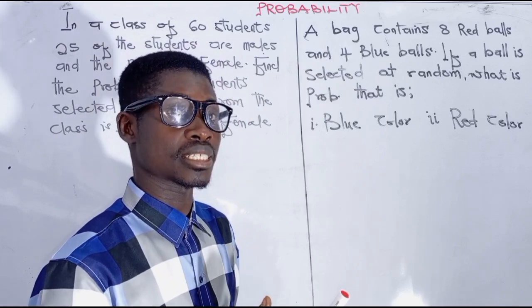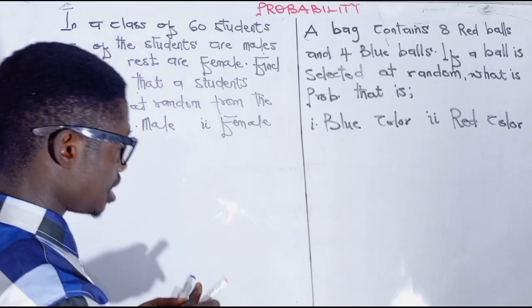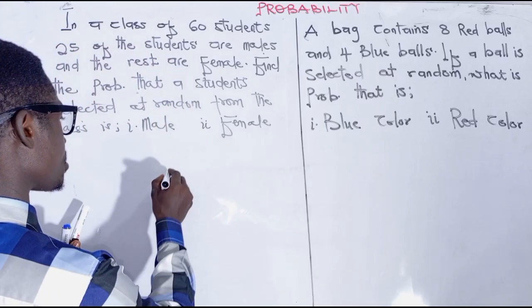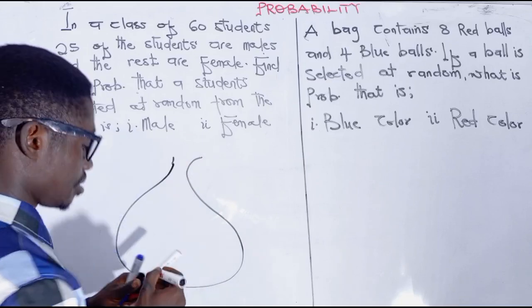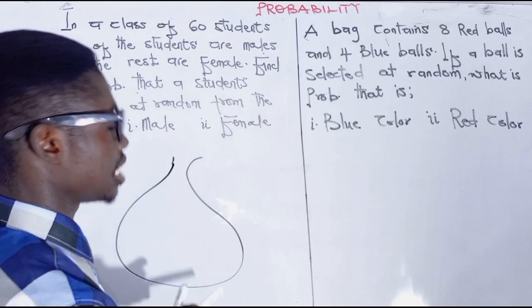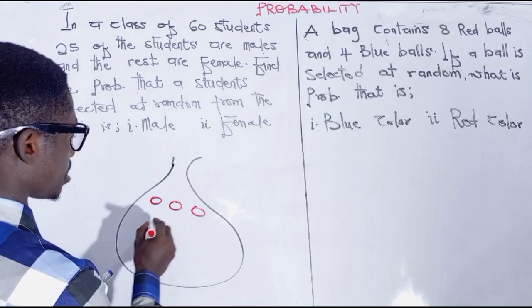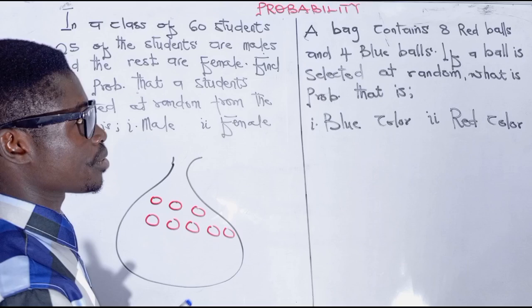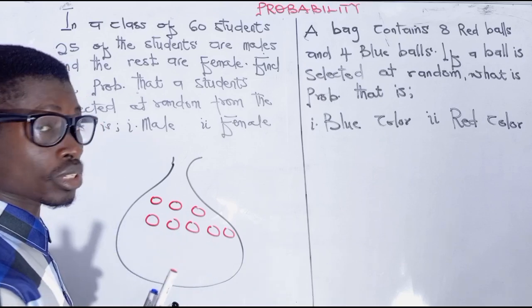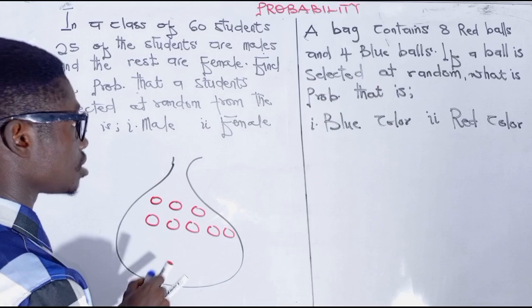So a bag contains what? 8 red balls. Let's use this to represent our bag. This bag contains 8 red balls, so we have 1, 2, 3, 4, 5, 6, 7, 8. And then we also have 4 balls in the same bag, and these 4 balls are blue.